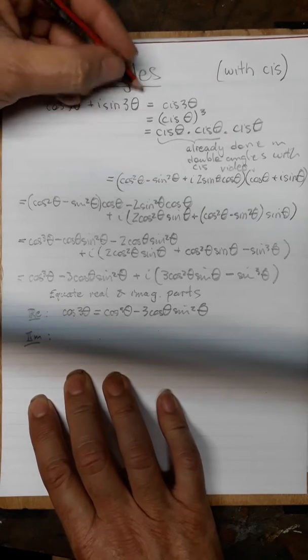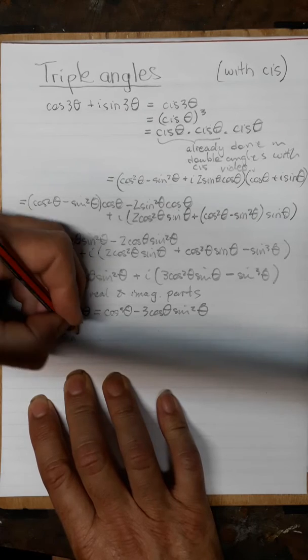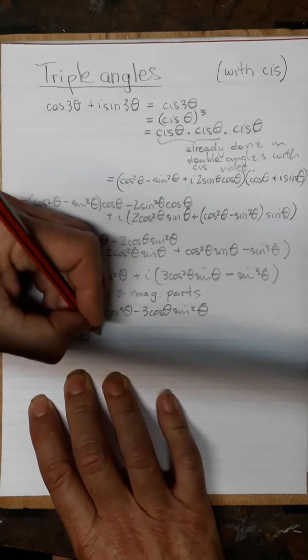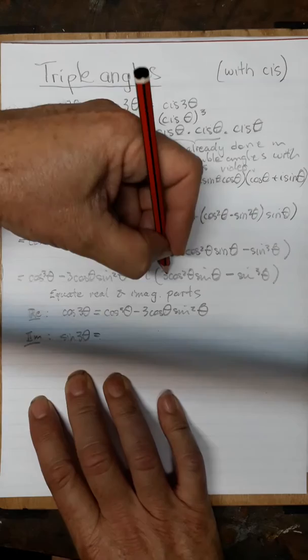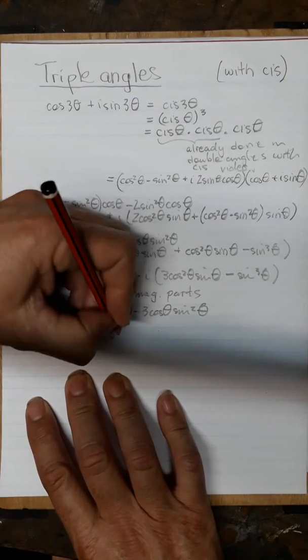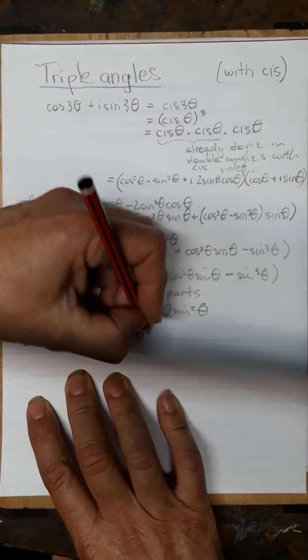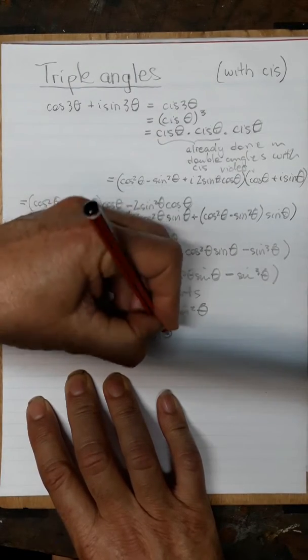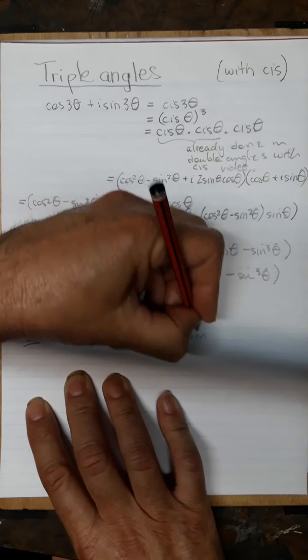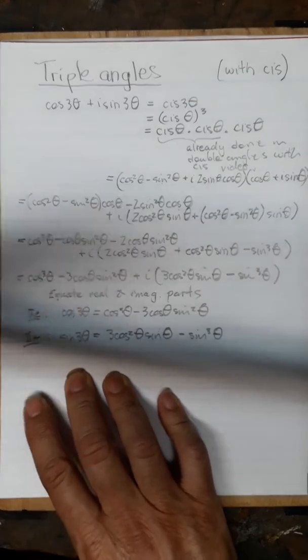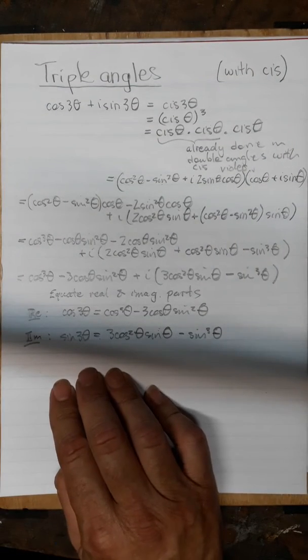So we're going to have sine 3 theta equals 3 cos squared theta sine theta minus sine cubed theta. Great, 2 really lovely equations.